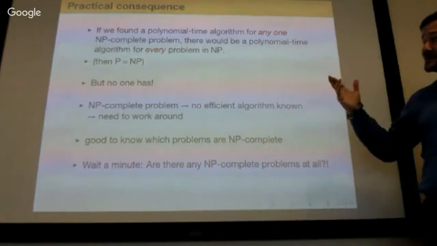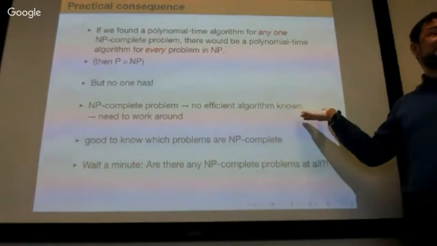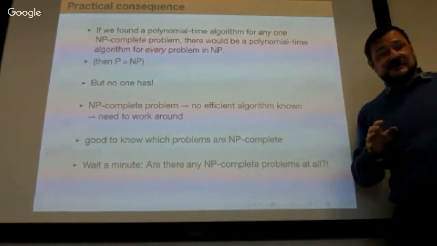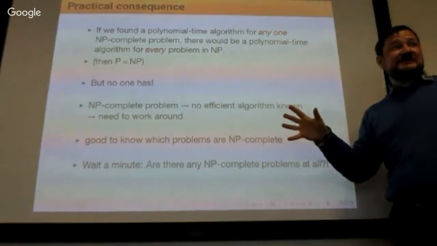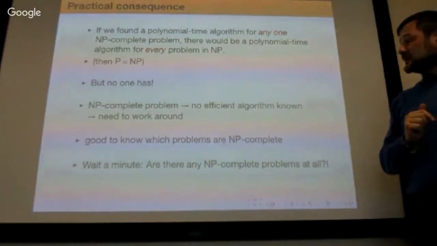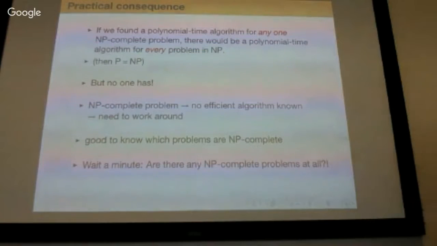Because the algorithms that are known for NP-complete problems are just practically not very good. If you get a problem of any realistic size, you can't do it without doing something else.